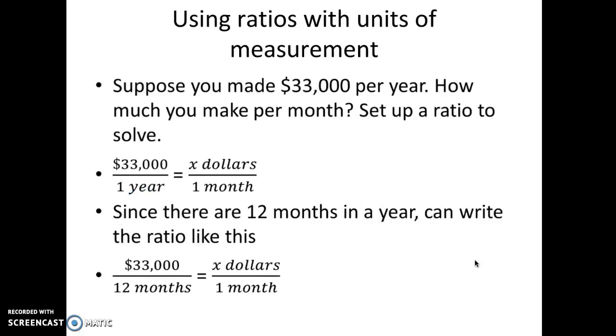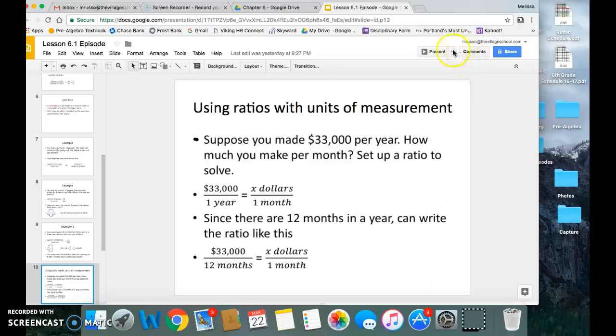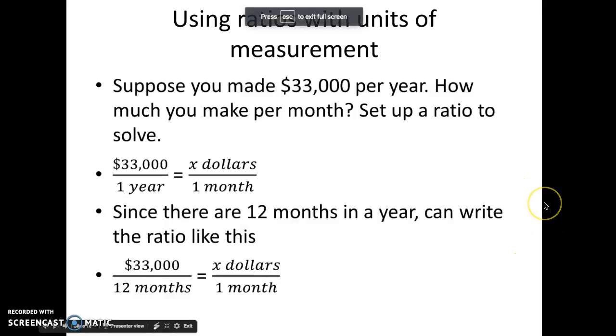So we can also use unit rates when we're thinking about measurement, either changing meters to kilometers, feet to inches, and here we're thinking about money. So it says, suppose you made $33,000 per year. How much would you make per month? Well, to answer that, we need to think about how many months are in a year. So since there's 12 months in a year, we can think about our ratio like this here. Since I know that I make $33,000 in a year, that means I also make $33,000 in 12 months.